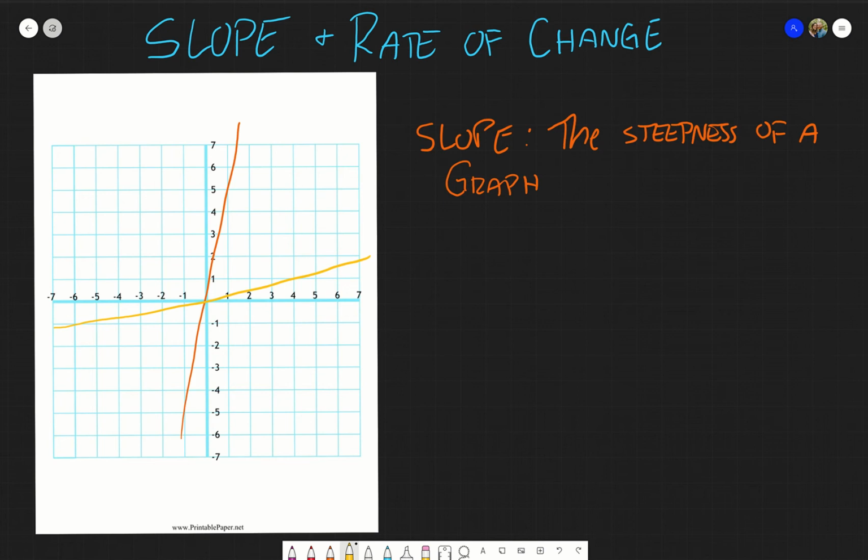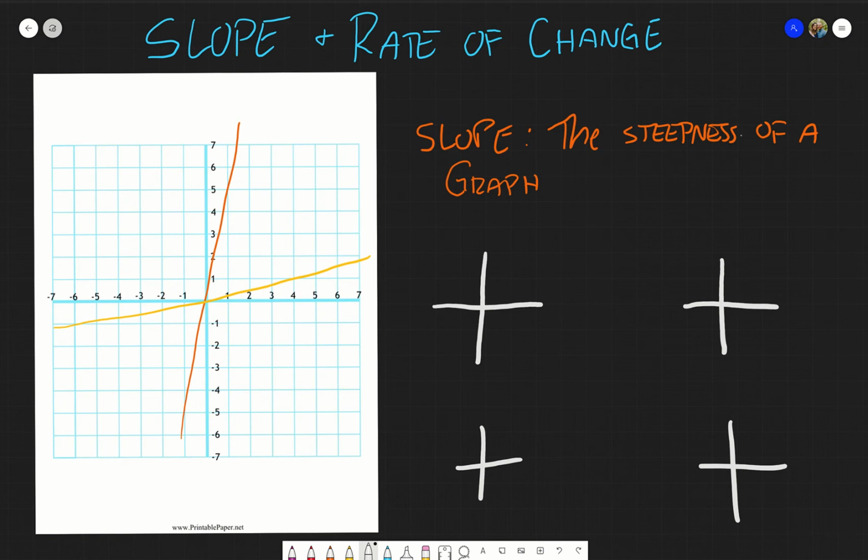So when it comes to slopes, there are 4 types of slopes you want to know about. And so I'm going to draw 4 mini graphs here so we can label each of these with a different type of slope. All right, so we have a positive slope. We have a negative slope.